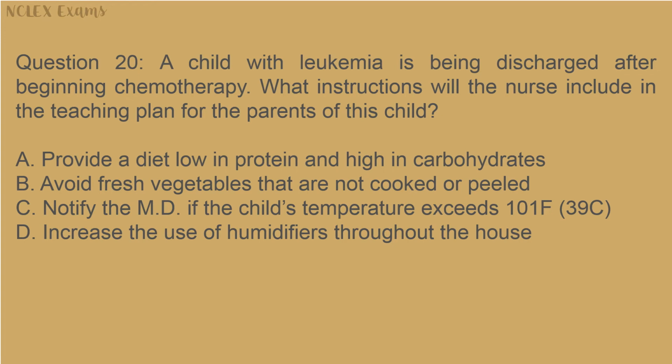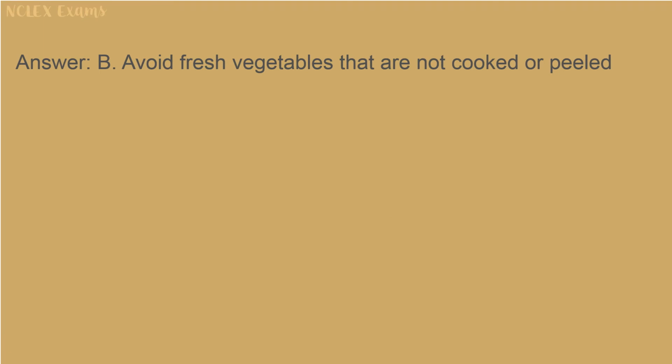C. Notify the MD if the child's temperature exceeds 101 F, 39 C. D. Increase the use of humidifiers throughout the house. Answer: B. Avoid fresh vegetables that are not cooked or peeled.